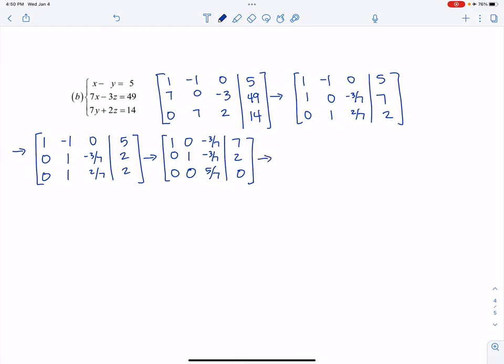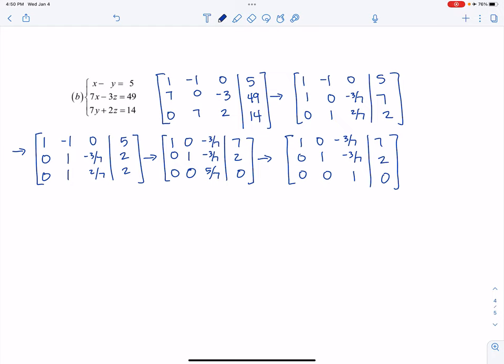Now the bottom row, we can multiply by the reciprocal to turn it into a 1. So 1, 0, -3/7, 7. 0, 1, -3/7, 2. 0, 0, 1. So if I multiply by 7 and divide by 5, anything I do to that 0 is still going to be 0.